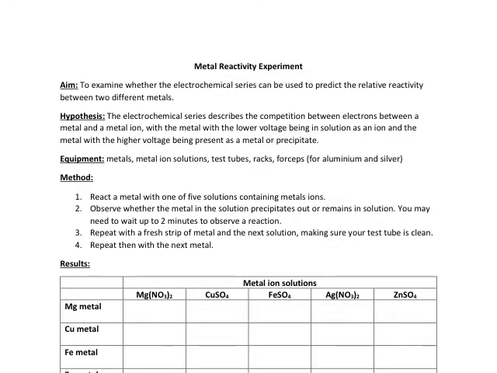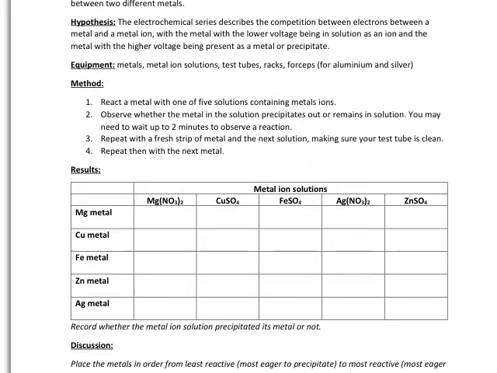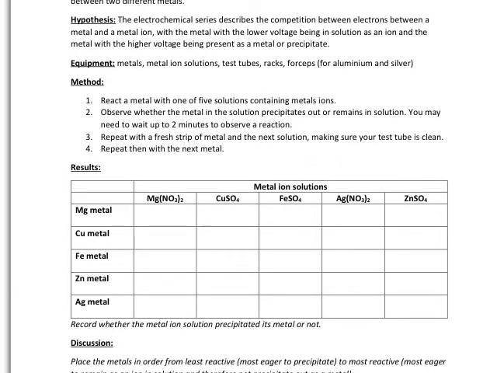It might actually be easier not to follow the instructions directly and to start putting the same solution, say for instance copper sulfate, so I pick that one, put the same solution in 1, 2, 3, 4, 5 test tubes, and then pop the metal in and see what happens. And you'll find, for instance, and you saw this when I did it in front of the whole class, that the iron will go into solution and the copper will be precipitated out. So for this one, you'll actually find that you get a copper precipitate.